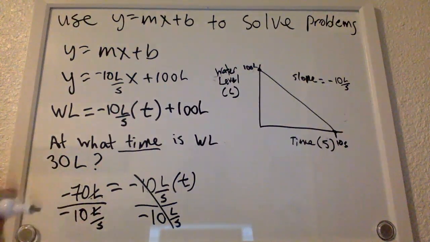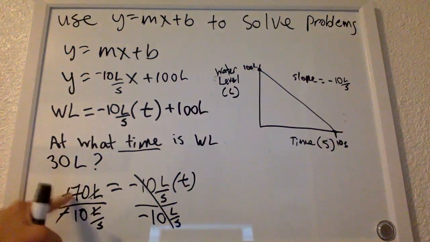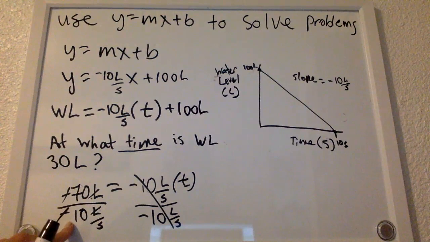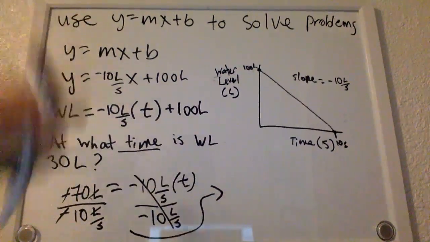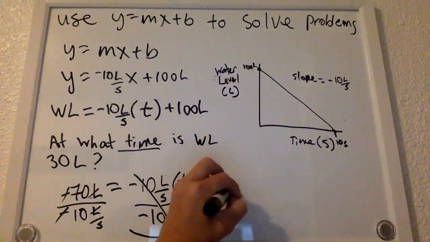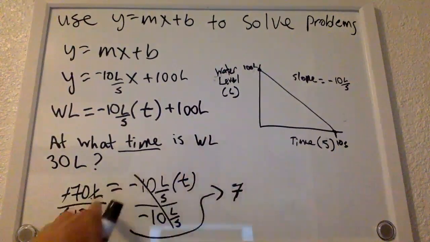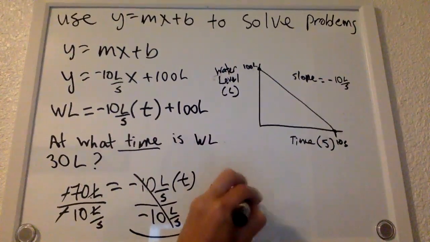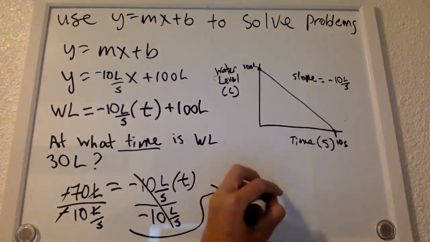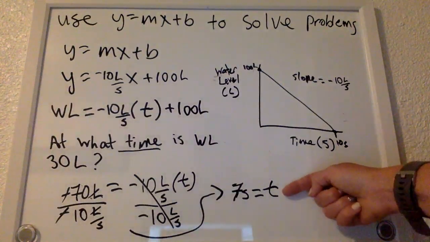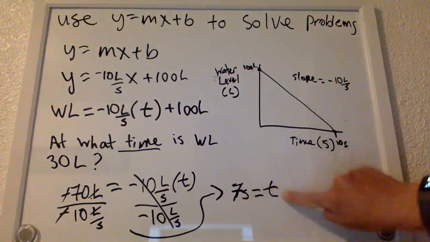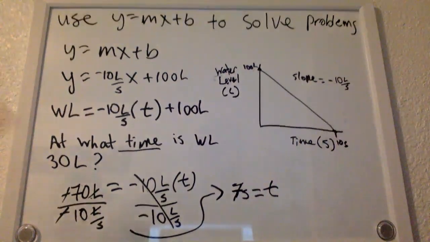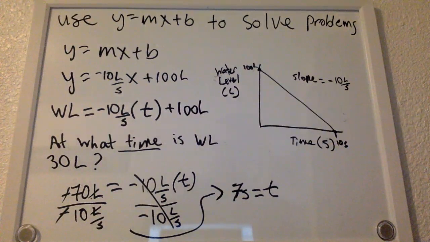Now I've just got 70 divided by 10, and I'm sorry that I ran out of room, but I'm just going to move it over here. 70 divided by 10 is 7. And remember, all we got left is seconds equals t. So I got t by myself. So what this means is it would take 7 seconds to get down to a water level of 30 liters.